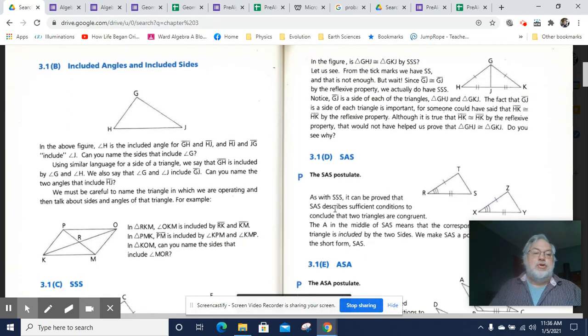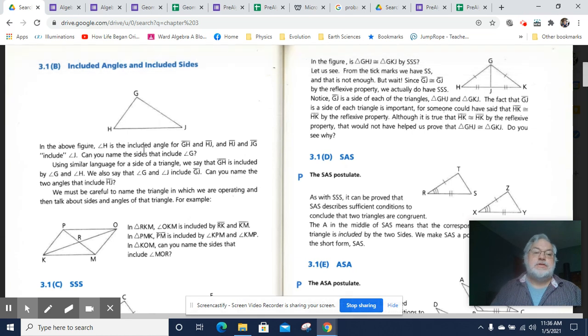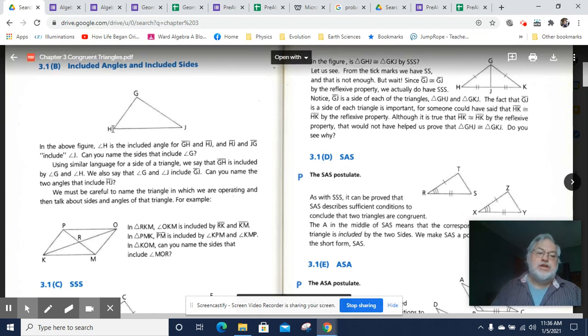Now, included angles and included sides. There's this use of the language of included angles and included sides. If I am talking about included angles, the included angle J is included between GJ and HJ. It is the angle that is in between those two sides.